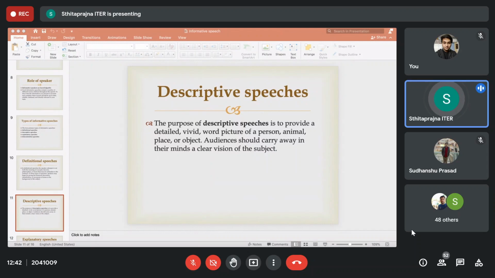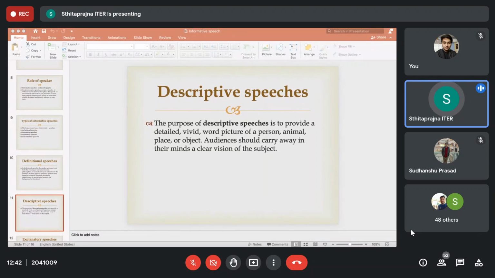So when you're writing a descriptive piece or a descriptive text, you have to be extremely vivid in describing things so that your audience gets to visualize, to picturize the things that you're intending to say.